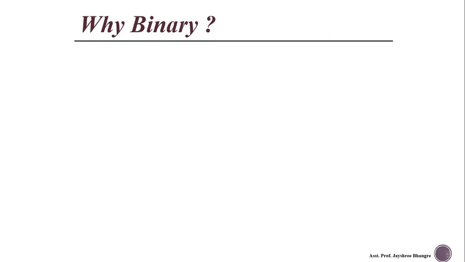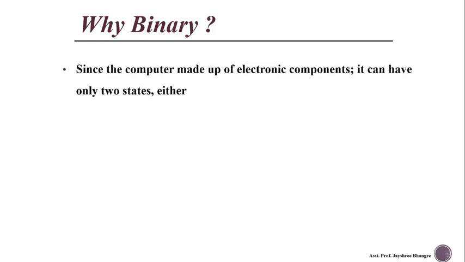Why is binary used? Since the computer is made up of electronic components and it can have only two states, either on or off. On means high voltage. It may be 5 volt, it may be 10 volt, it may be 24 volt. So like that, on means high voltage, off means 0.